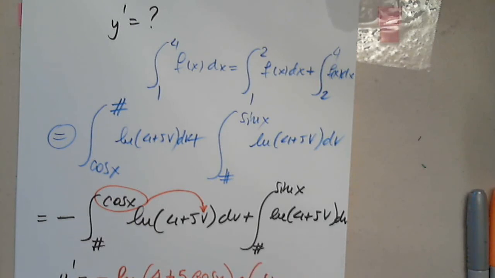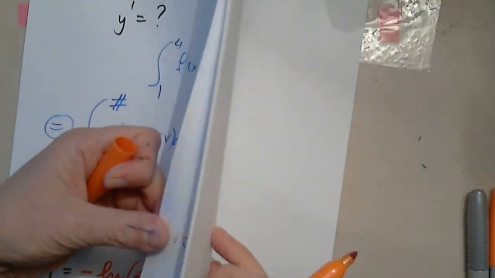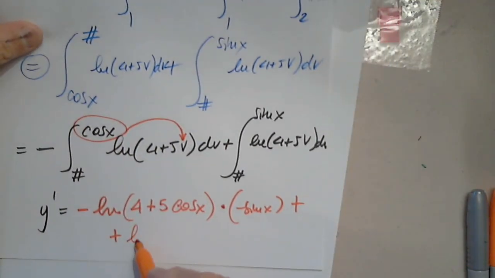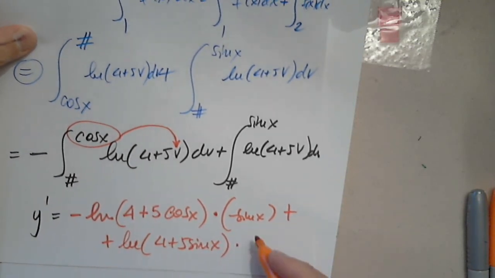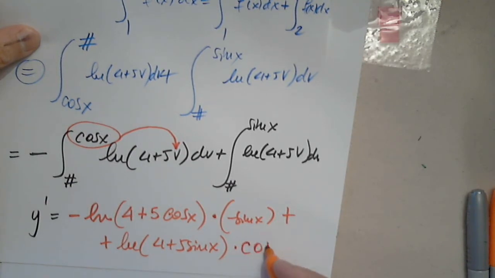Very good. Don't forget to multiply. I'm not saying you forgot, but please don't forget this is multiplication. It's just the chain rule. Plus natural log of 4 plus 5 times sine x, times cosine. That's it.